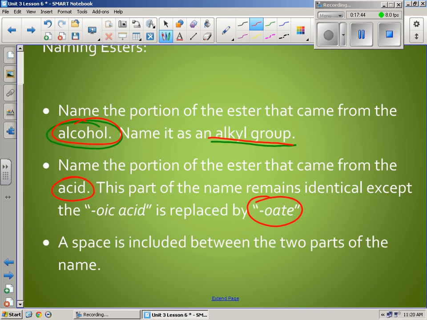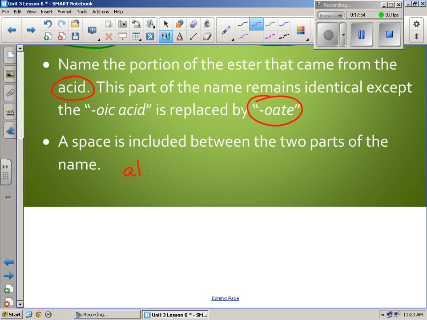The alcohol comes first, always, and then the carboxylic acid part comes next, with a space between the two. We can write that down. The alcohol part comes first, space, and then the carboxylic acid part, or anything belonging to it, comes second. I can't call it alcohol carboxylic acid, because that's not how we name these. This is an ester, so it has the oate ending. That's how we know it's an ester.